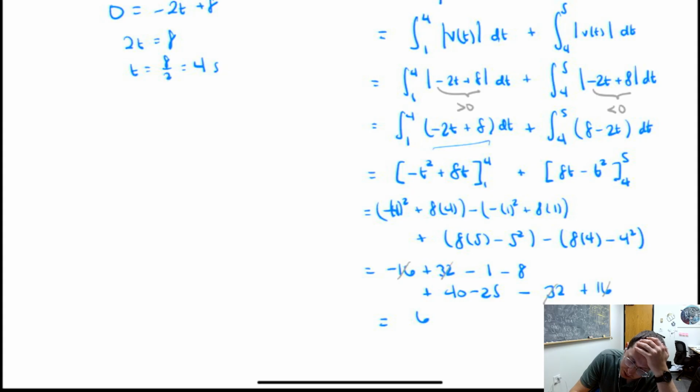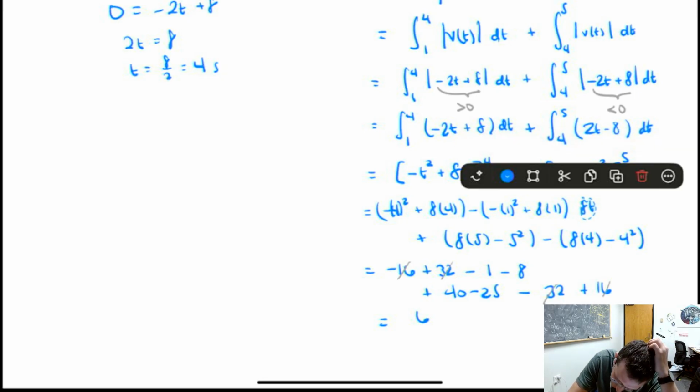Minus 2t plus 8 is the same thing as 8 minus 2t. I didn't actually change the sign. Two t minus 8. Thank you, Zone Ranger. That's a good catch. All right.